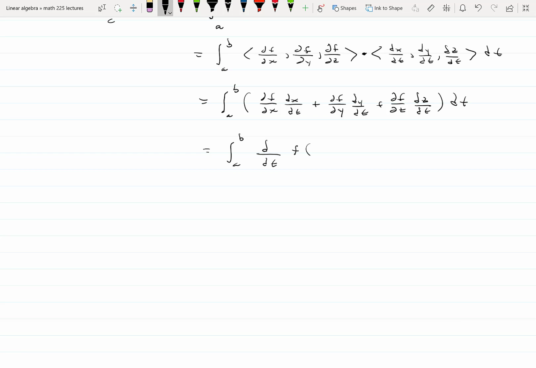Now this function f was evaluated at r of t. Remember r of t has an x component, a y component, a z component. So this is the function f along the curve. And the chain rule, this is what we get by the chain rule. So I'll write that in for you. By chain rule.